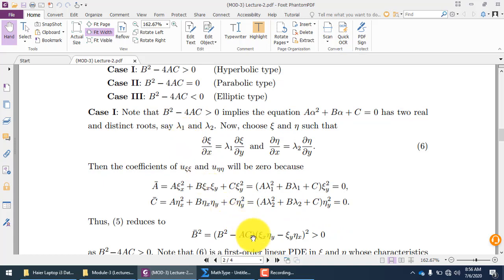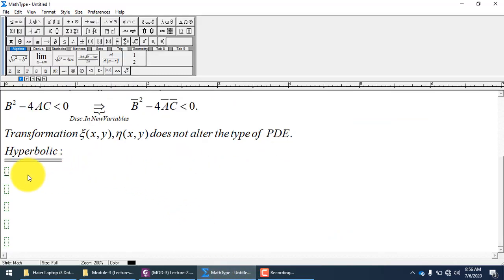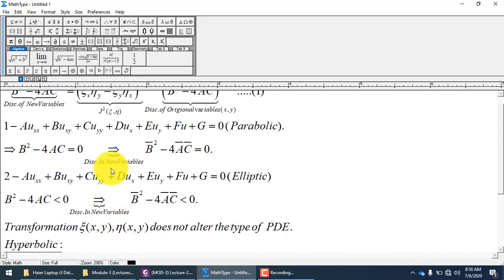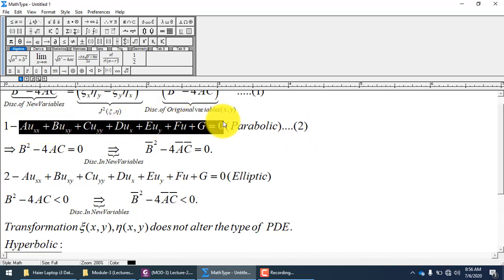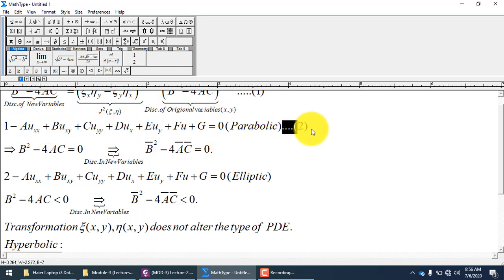For the equation, I am going to name it equation 2, because this is a general equation. Actually, don't name it 2, we can just type.